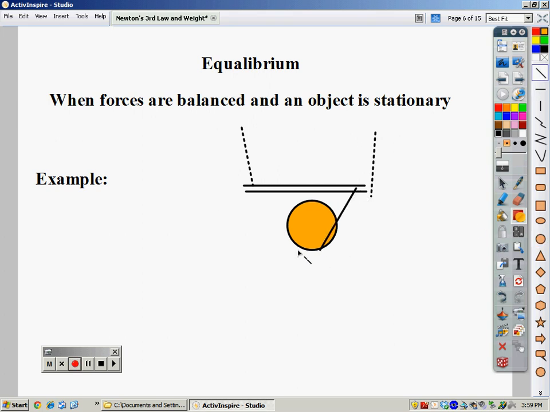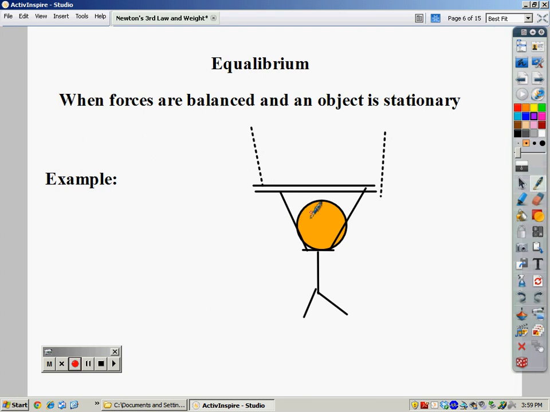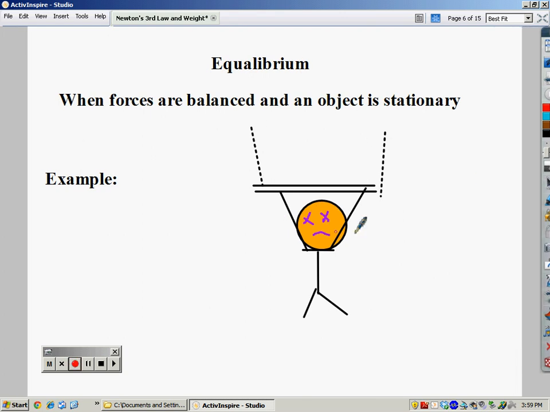And we have got bam, bam. And let's make, okay, so we've got a person, and we'll make it a zombie. Brains. Okay, we've got a person, and we're going to say it's in equilibrium. Forces are balanced, and the object is stationary. So he's just hanging here.